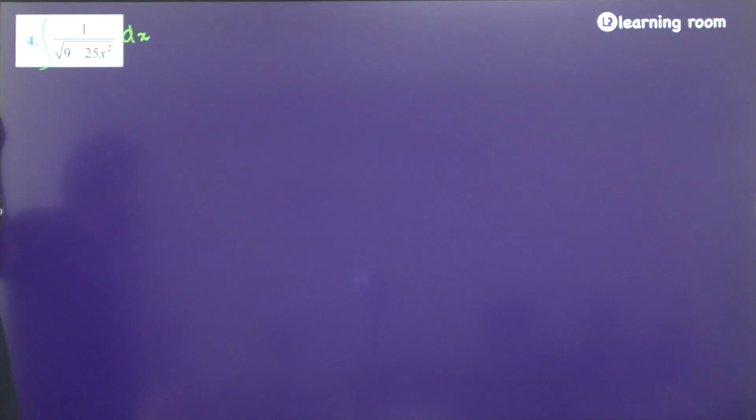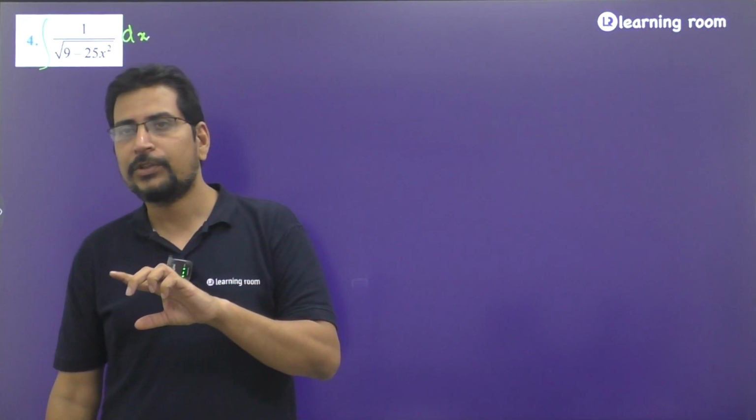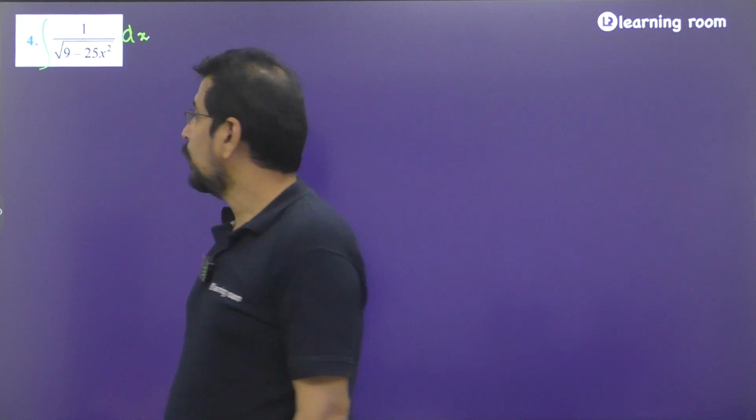The next problem is the integral of 1 by root of 9 minus 25 x square times dx. In all the problems, you would have observed one thing. What is it we need to do? We need to make the coefficient of x square as 1. So what should I take out common here? I need to take out 25.